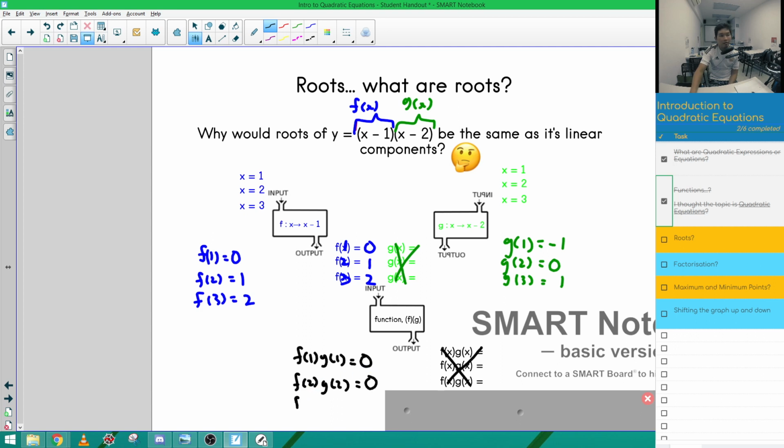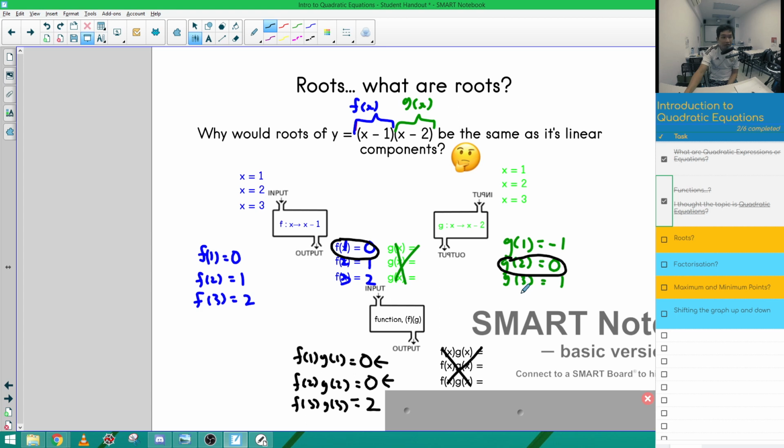Let's look at f of 3 times g of 3. F of 3 is 2. G of 3 is 1. So we multiply that here, we get 2. So you can see that the roots, or where it cuts the x-axis, for f of x and g of x is exactly where it cuts the x-axis for the product, precisely because we are multiplying the two values together.